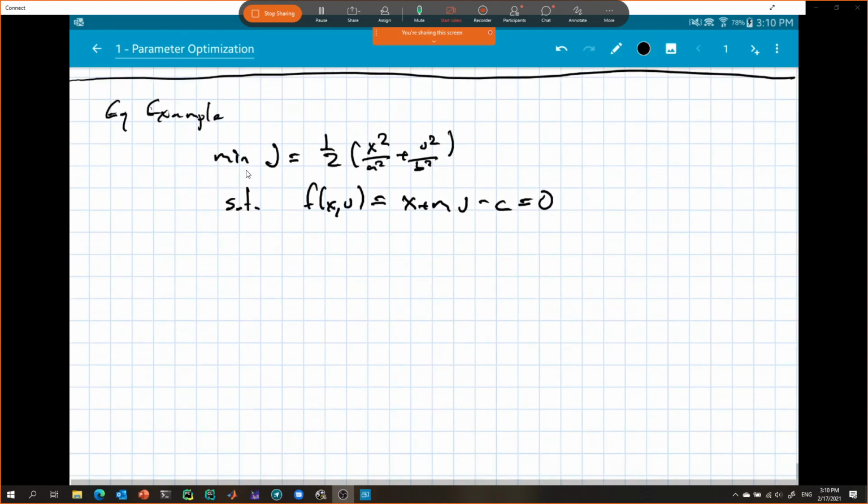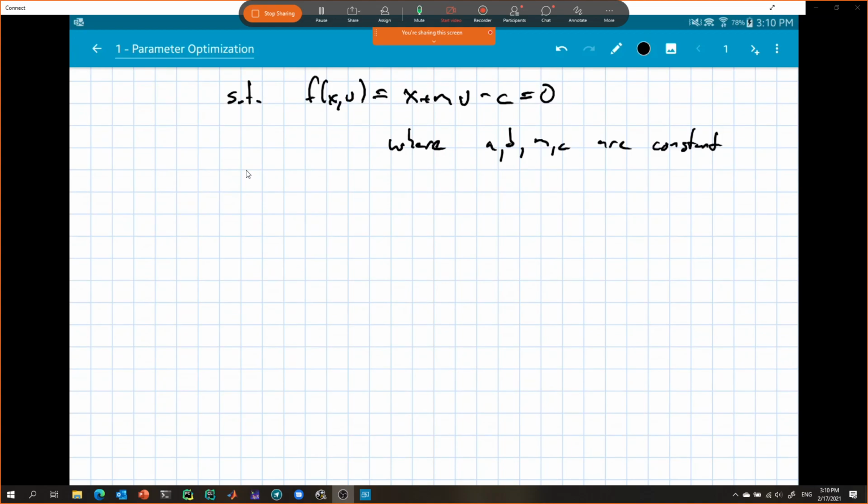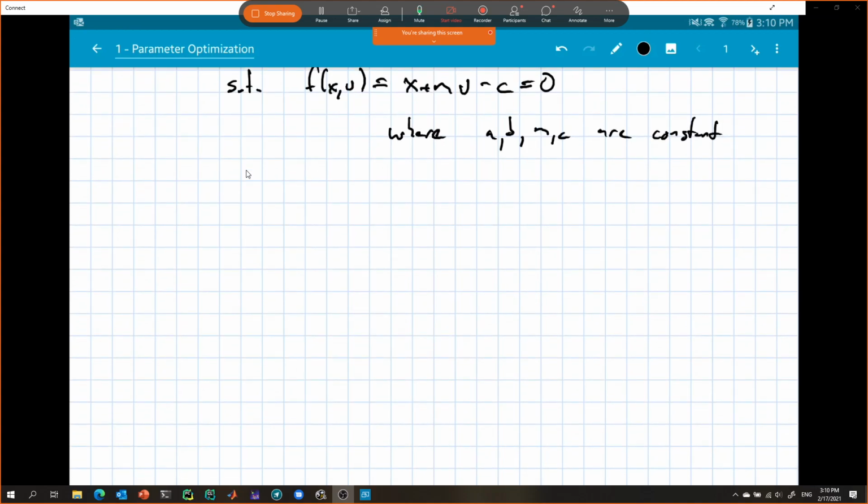And then everything that's not x and u is constant. So let me just write that out. A, B, M, and C are constants. So let me write the contour plot one last time.